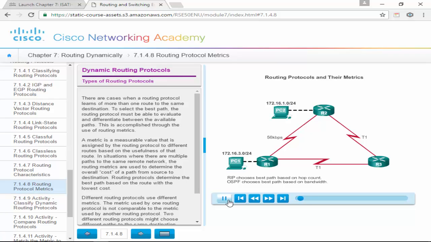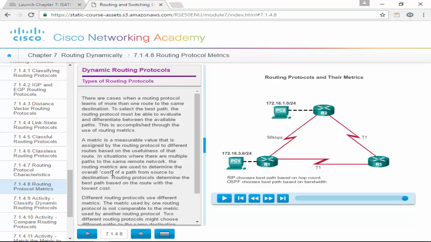So, routing protocols and their metrics. With a routing protocol, they all have different metrics, which is just how they're picking the best route. It says cost right here, but I don't like using cost because that's actually just OSPF's.